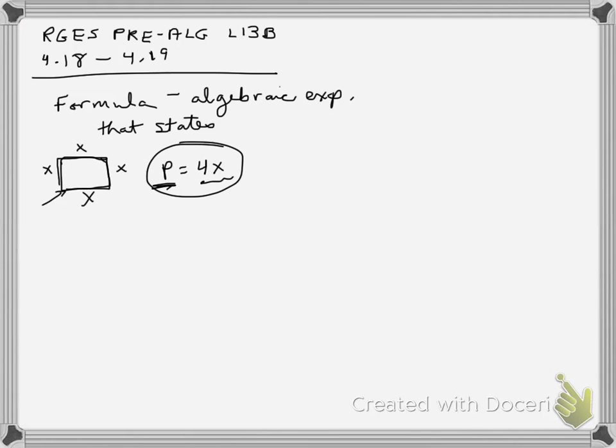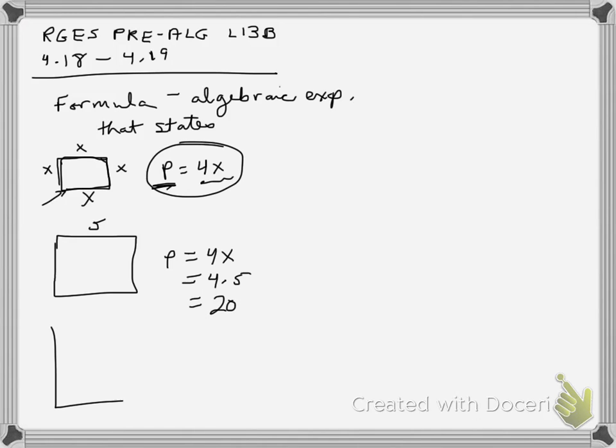So you can create formulas whenever you desire, whenever you want to basically repeat. Okay, I've got a larger one. Let's say this one is 5 on a side. And so the perimeter is 4 times x, or 4 times 5, or 20 units.